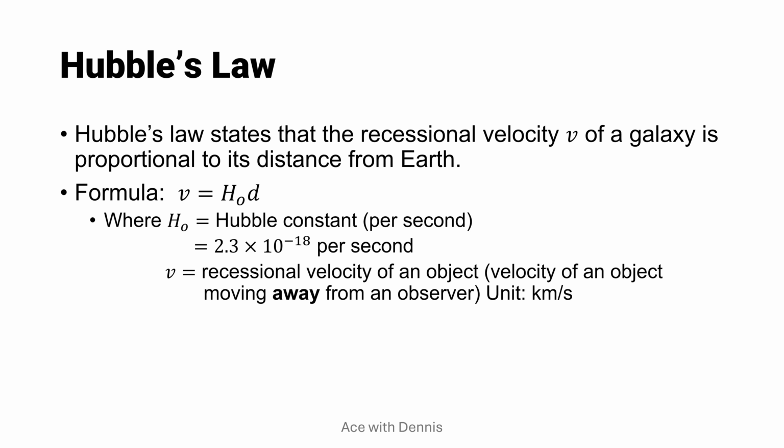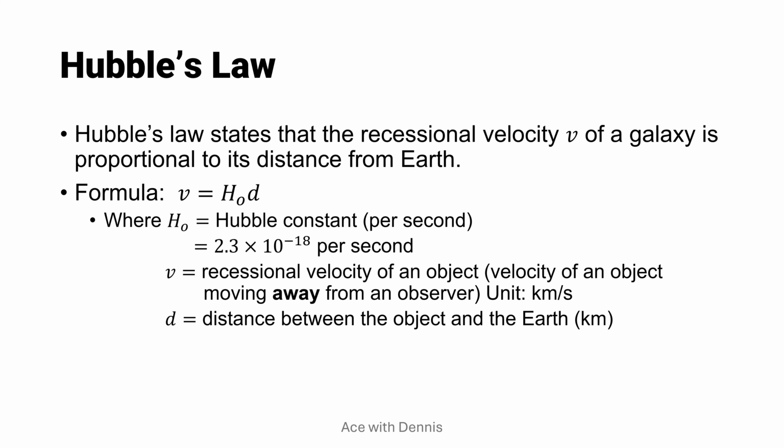V is the recessional velocity of an object, or the velocity of an object moving away from an observer. The unit is in kilometers per second. And d is the distance between the object and the Earth in kilometers.